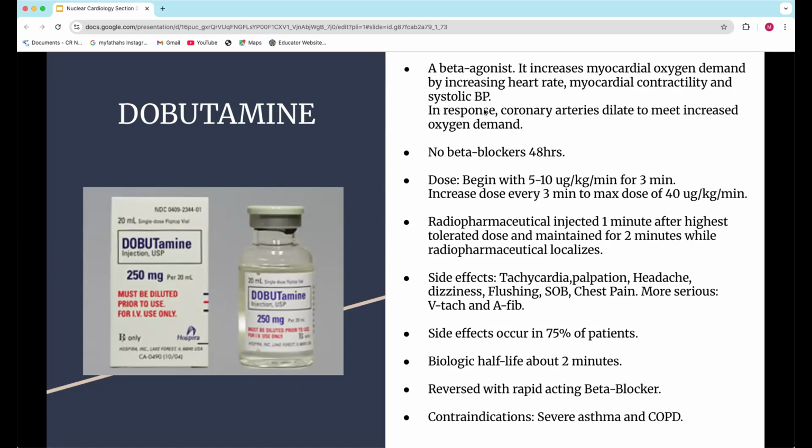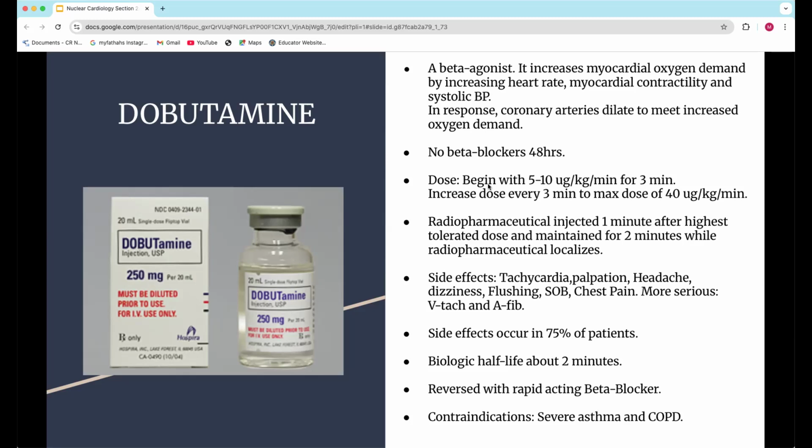So that's why it'll dilate those coronary arteries to meet that oxygen demand. So it's affecting heart rate directly. Again, like I mentioned, opposite of beta blockers, so we don't want a patient on beta blockers, and beta blockers need to be off for 48 hours. If your patient's on beta blockers, then dobutamine isn't going to work on them. So beta blockers are one you need to think about with dobutamine, and also with exercise stress testing.